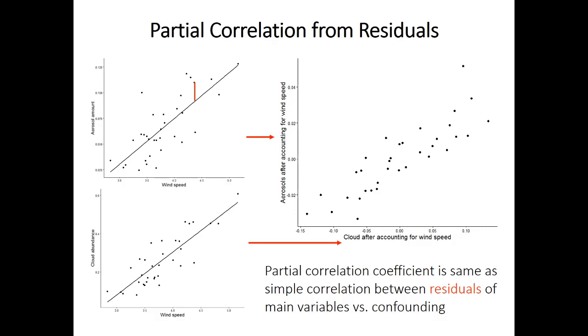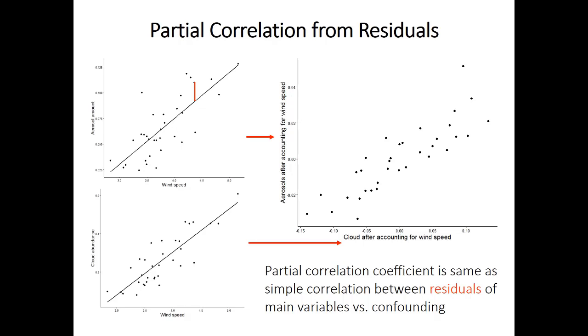Remember, residuals are the difference between our best fit line, the expected value, and the observed value. I've highlighted one vertical red line there. So the residuals basically tell us what is left over in the aerosol value after accounting for the effects of wind speed. Basically, what aerosols are versus what they should be given wind speed.